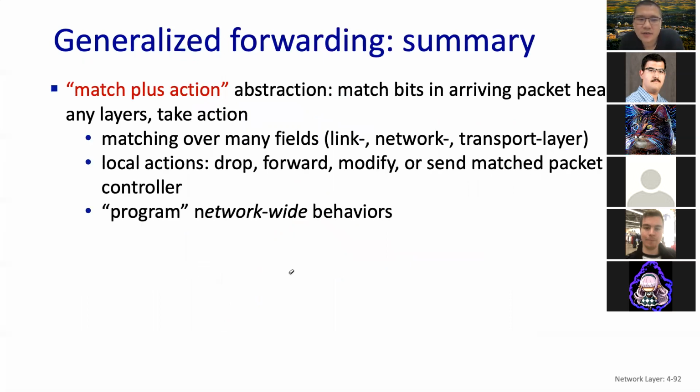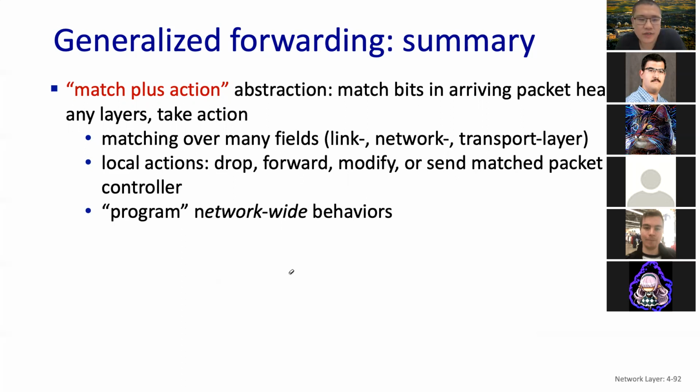So here is the generalized forwarding, right? Not only based on the destination IP address, you also want to do something based on what you desire to do, right? You want to have some controllability, you want to have some security level, right? So the match plus action abstraction means that you match based on arriving packet headers in any layers, right? Not only in the transport layer or the data link layer.